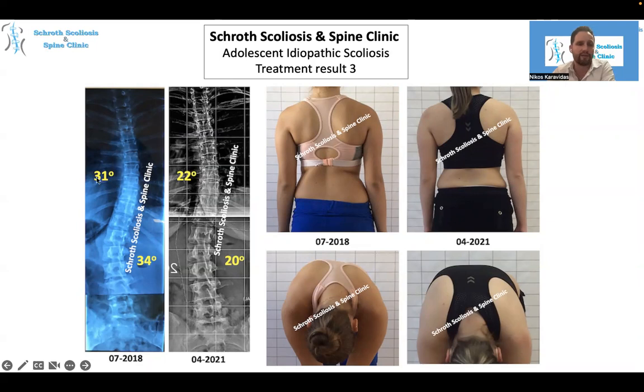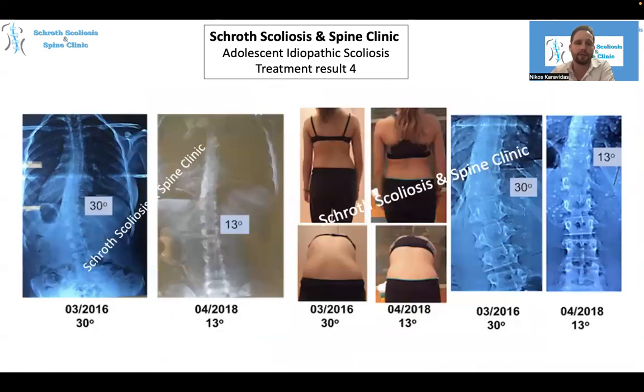We reduced the curve from 31 to 22, from 34 to 20 degrees, getting a very nice clinical improvement for this patient. As you can see, our treatment method can be very beneficial for any curve type, also for double curves like this. Here we have another patient with 30 degrees of scoliosis.